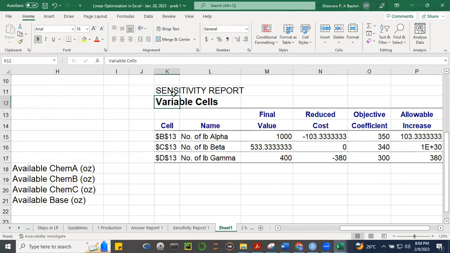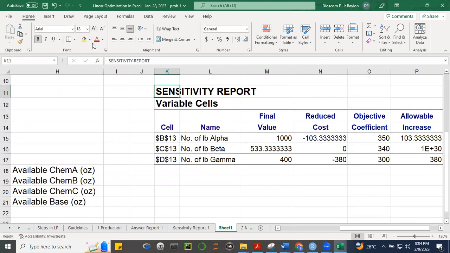This is very important as far as linear programming is concerned. What does the sensitivity report answer? Diba? I'm sure you have met that expression pag nagsi-sensitivity report tayo, we're asking that question, what if? What if? So the sensitivity report is supposed to answer the question, what if?